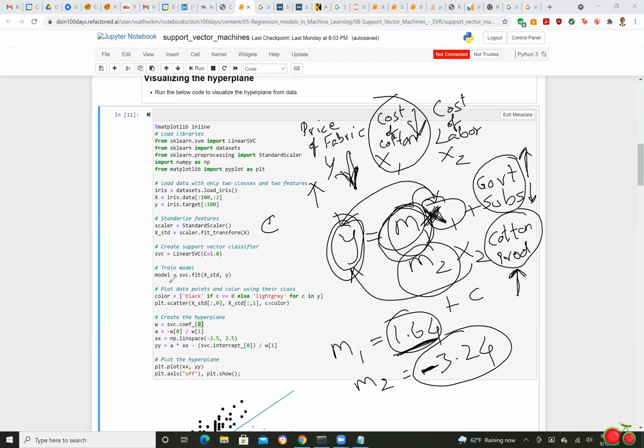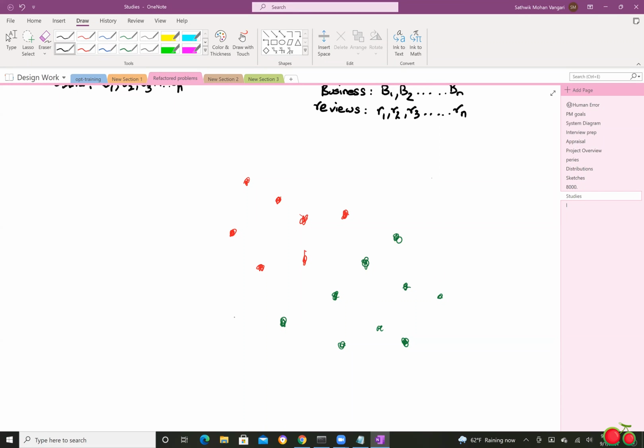Coefficients are the ones which will help you understand the influence that each predictor has on the target variable, whatever you're trying to predict. So there's a clear group of red points, there's a clear group of green points. If I draw a black line between them, this can become my classifier or my decision boundary or my hyperplane.